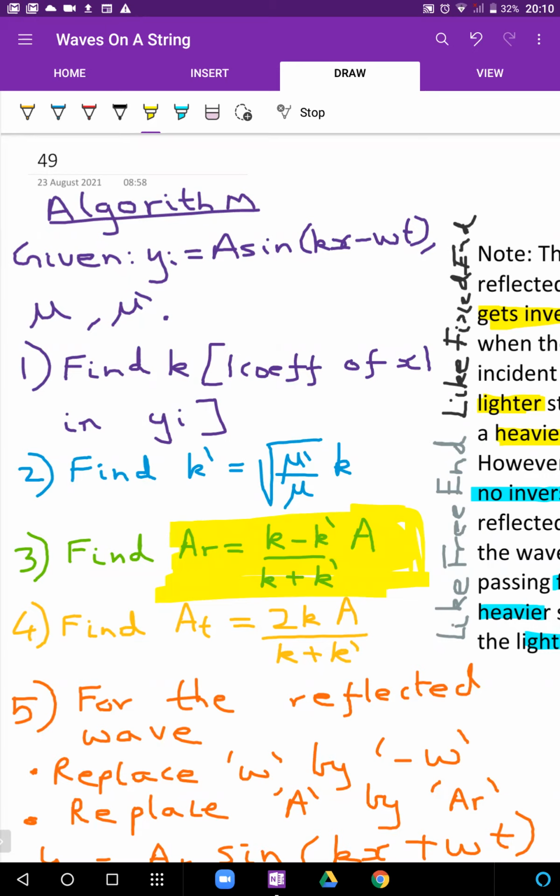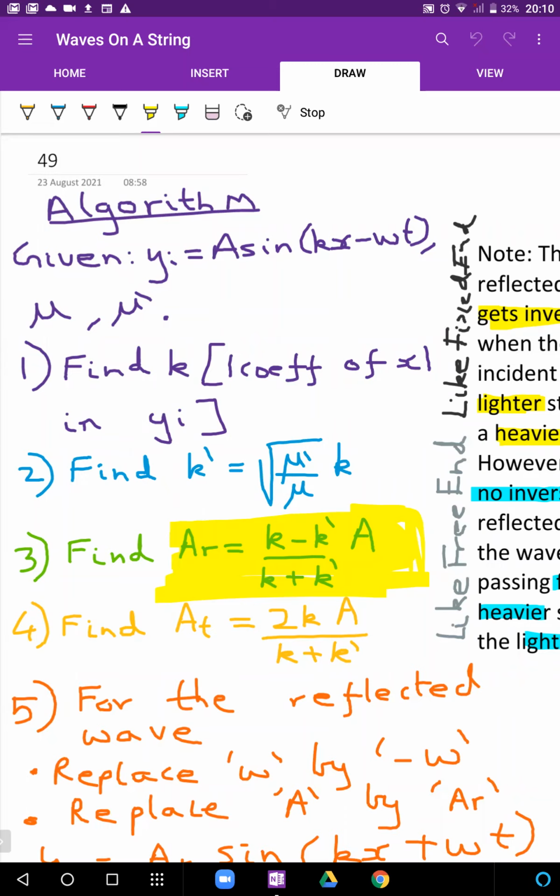So AR का है k minus k dash upon k plus k dash. And you can always check. जैसे लोग को normally ये याद रहता है, most part याद रहता है. Sometimes what will people have a doubt in? They'll have: is it k minus k dash or is it k dash minus k? वो ऐसा डाउट हो सकता है. For that, put k dash as 0, and you know कि when the second string is very light, you should get a as the answer, free end की तरह.